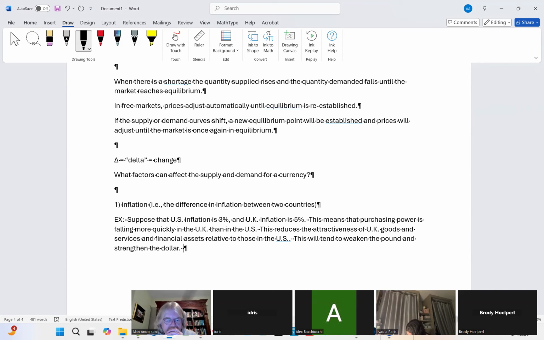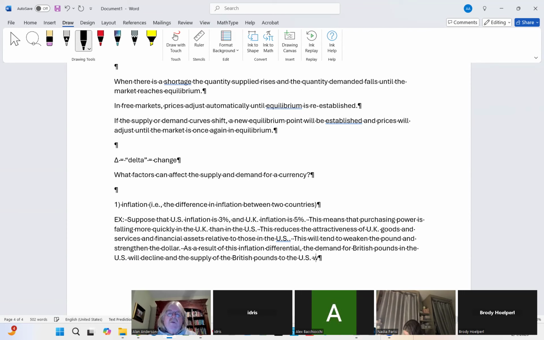Okay, so in other words, think about it this way. As a result of this inflation differential, demand for British pounds in the US will decline, and the supply of British pounds to the US will rise.